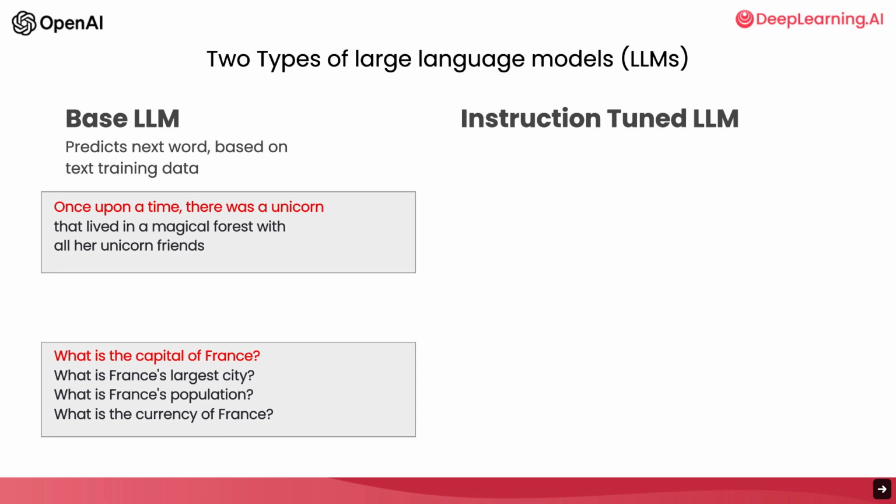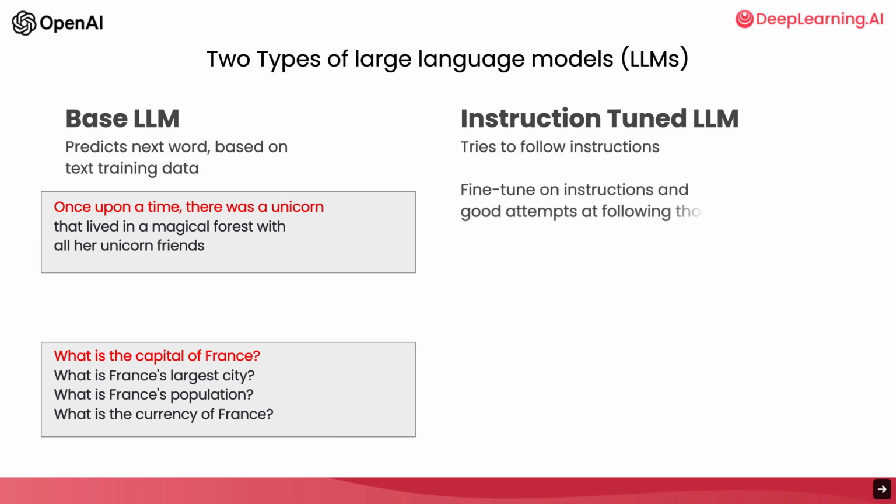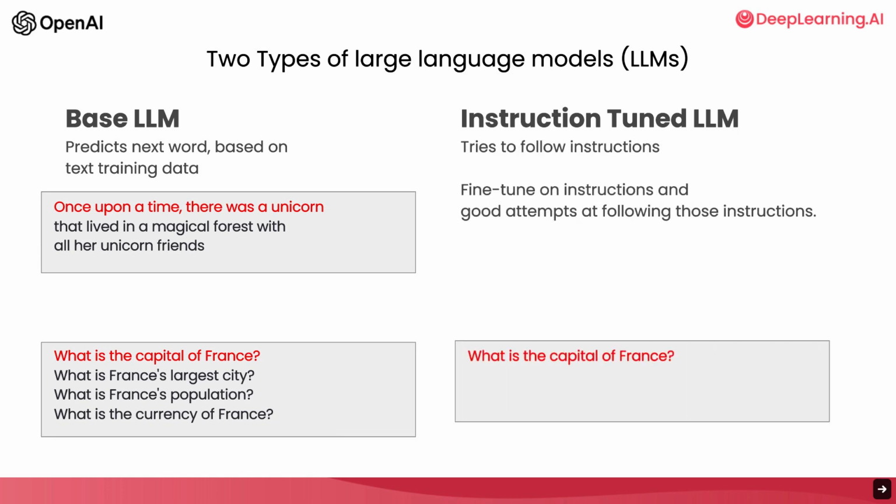In contrast, an instruction-tuned LLM, which is where a lot of the momentum of LLM research and practice has been going, has been trained to follow instructions. So if you were to ask it, what is the capital of France, it's much more likely to output something like the capital of France is Paris.